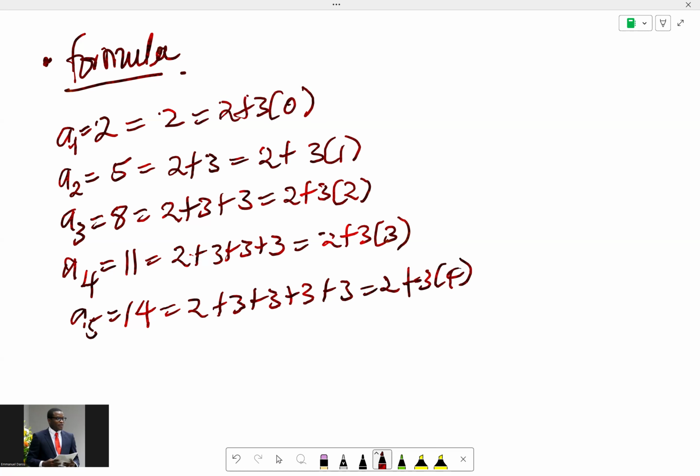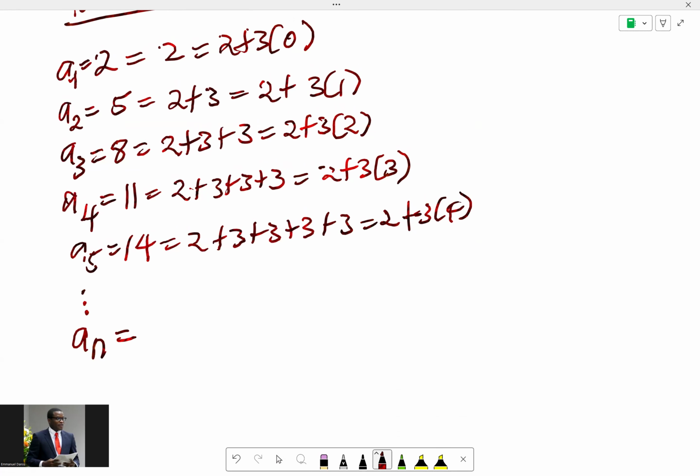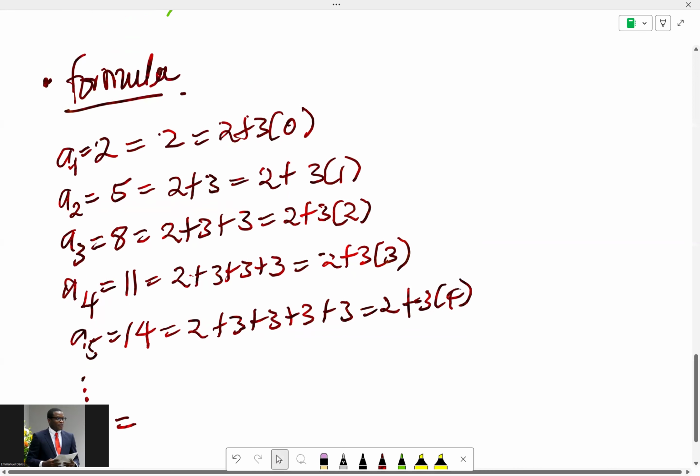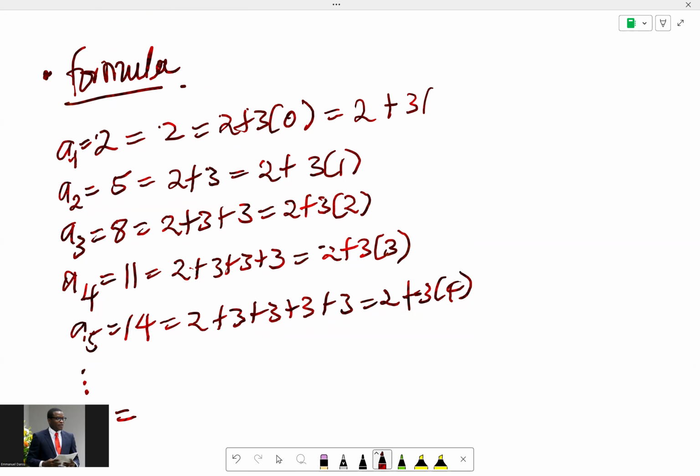Okay, so what does this tell us? It means that if we continue and we move as far as an, the nth term, or the last term, so to speak, is going to be something like this. We can even take it further and say this is 2 plus 3 multiplied by 1 minus 1.